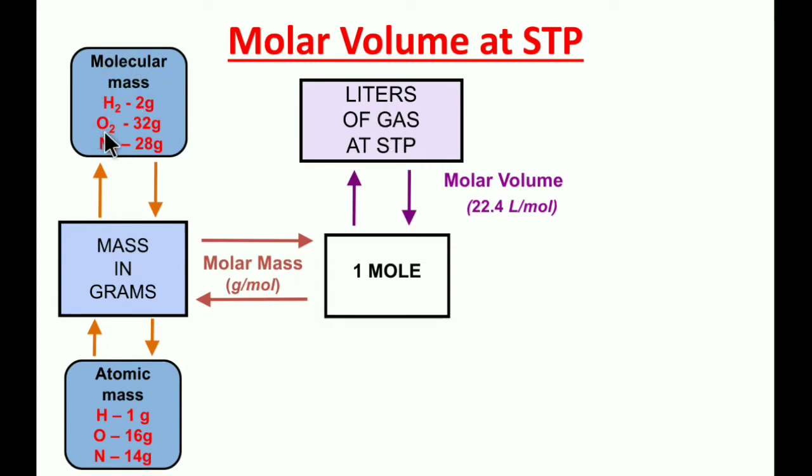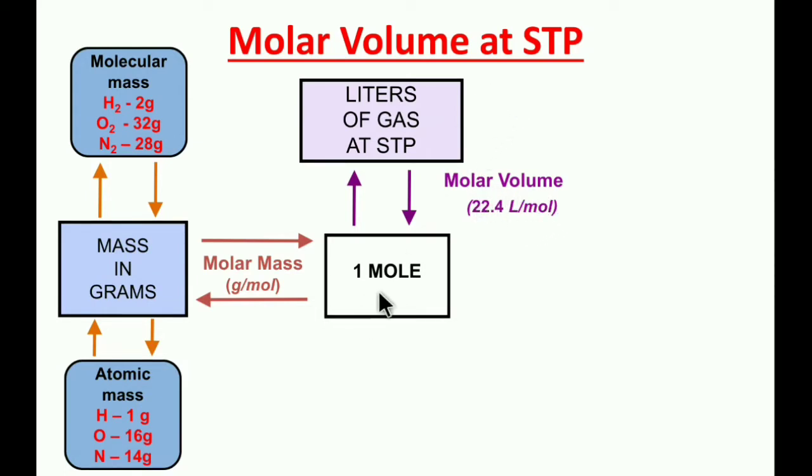At the same time, oxygen is a 32 gram molecule, and 32 grams of oxygen molecule occupies 22.4 liters at STP. At the same time, 28 grams of nitrogen molecule occupies 22.4 liters of volume at STP.